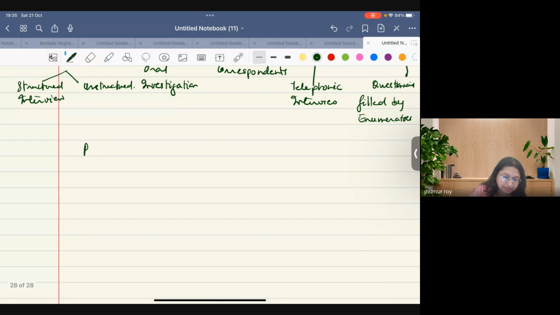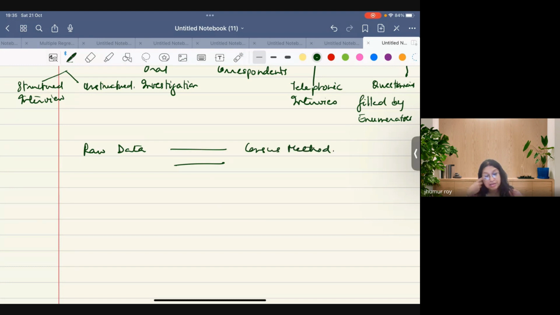There are two basic methods, which I'll deal with later in details. One is the census method, which I just said: if you go to secondary sources, what you get is census data. That means each and every individual falling in a particular category, you take information from them.